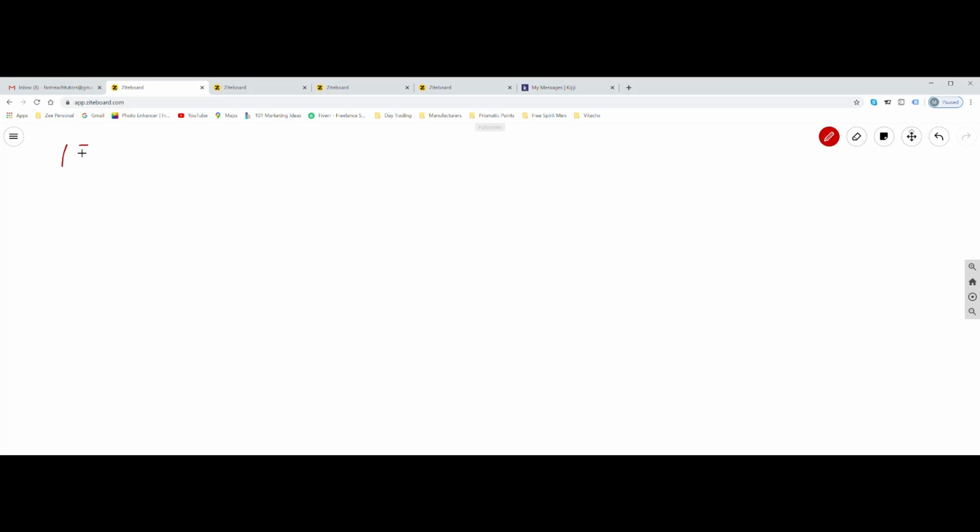So, okay, we need to find the derivative, we need to find the limit of 1 over x, and we're given that the point x is a. So we have 1.